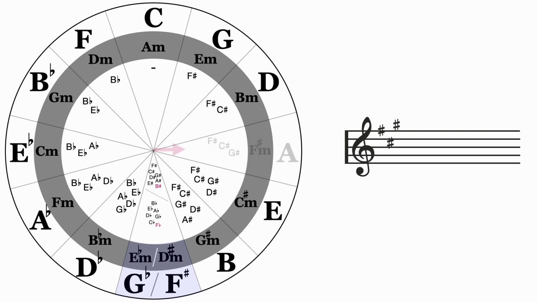If there's 3 sharps, we know we're in either A major or F sharp minor. If there's 4 sharps, we know we're in E major or C sharp minor. Same thing, right? So now we have 5, and now we're in B major, G sharp minor. And if there's 6 of them, we've got F sharp major, D sharp minor.